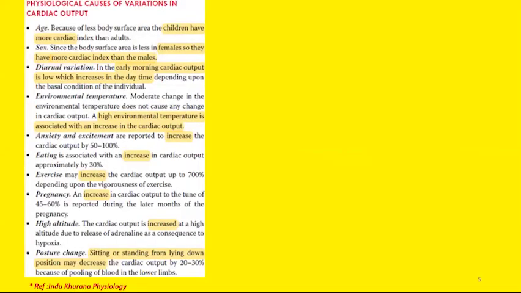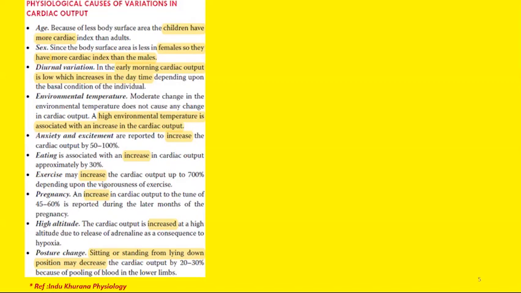Now, what are the physiological variations in cardiac output? We will discuss the pathological changes later, but there are some physiological factors which may alter the cardiac output. Some of the factors may increase, others may decrease the cardiac output value or the cardiac index.